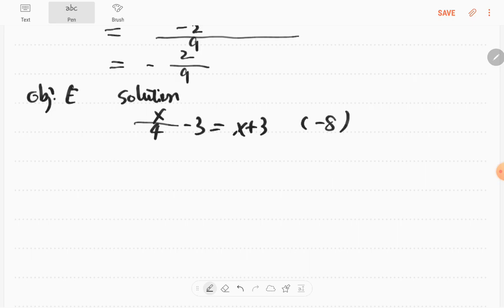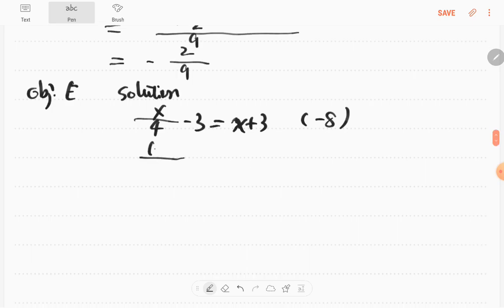And we want to determine if negative 8 is our solution, yes or no. So we always follow the same step. Use numbers to replace the letters. So for the first one, we use negative 8 to replace x.